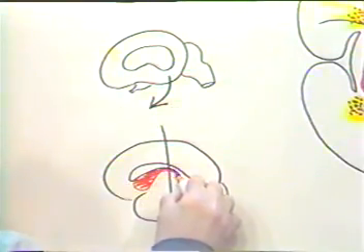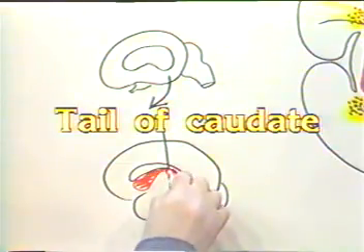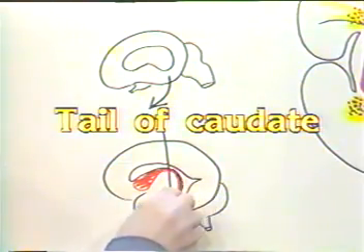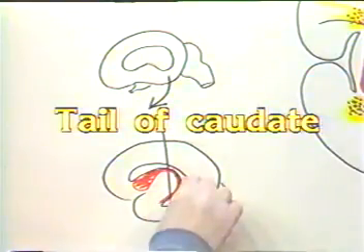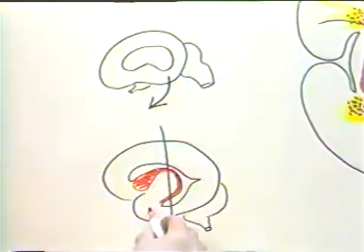And its tail, the tail of the caudate, describes a semicircular curve similar to that described by the temporal horn of the lateral ventricle as it reaches into the temporal lobe.